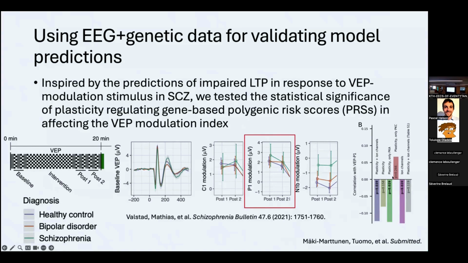And likewise, those plasticity genes that only had an effect on the PKA, or mostly on the PKA pathway. And also if we only concentrate on ion channels. But if we only consider the PKC, there was actually an opposite effect, but it's non-significant.